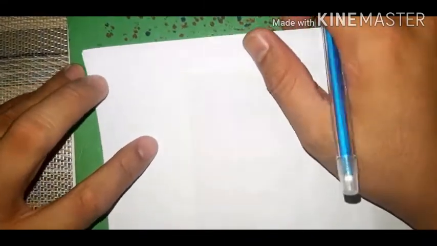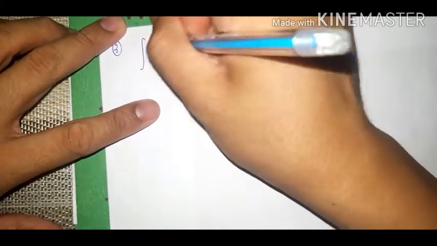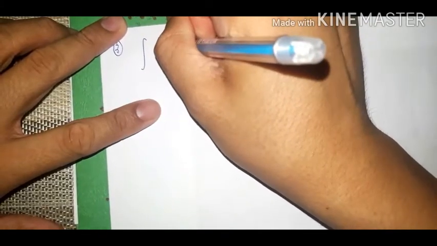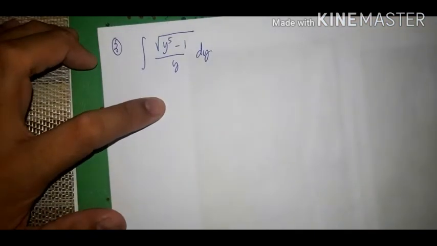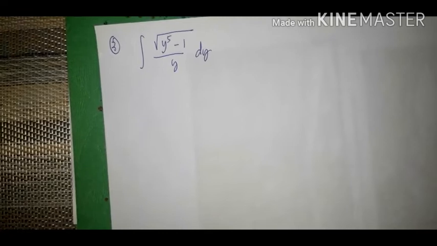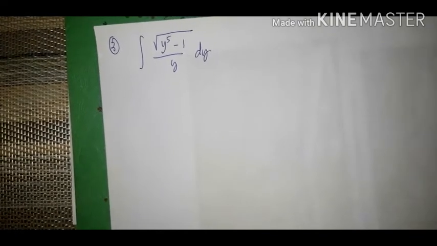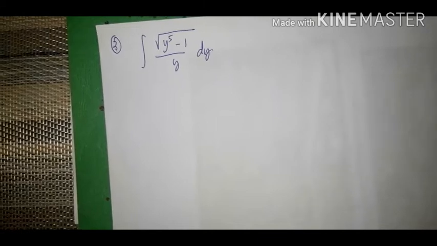Another example. So, example number 3. So, what if I have integral of square root of y to the 5 minus 1 over y dy. So, di ba usually use the u substitution dun sa function na nagko-contain ng radical.